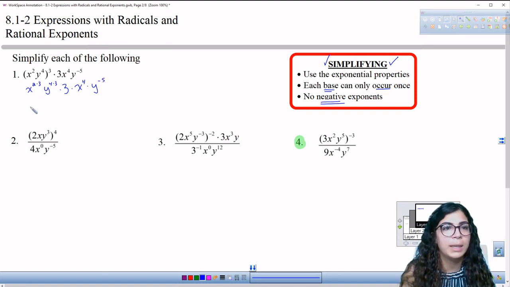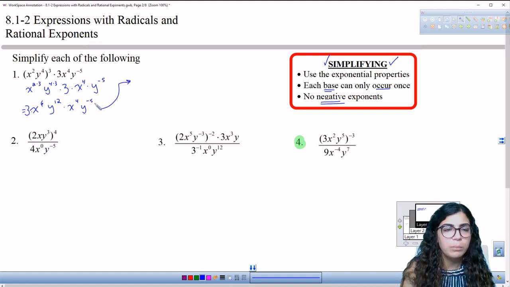Now let me simplify this a little bit further by multiplying this out. So 2 times 3 is 6 and 4 times 3 is 12. So now we have x to the power of 6, y to the power of 12, and I'm just going to bring this 3 to the front. Usually we always write any numbers in the front for our coefficient. And then we also have x to the power of 4 and y to the power of -5.